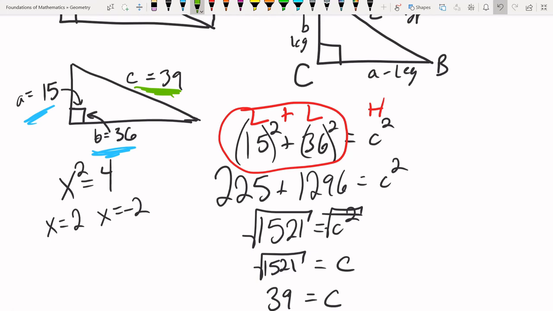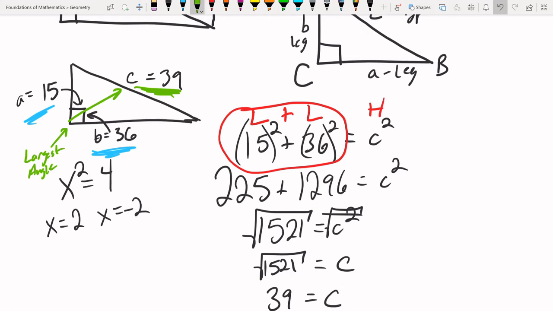So once again, the hypotenuse is the longest side. That's always going to be the case, because the two angles are acute and the angle opposite the hypotenuse is right, so this is always going to be the largest angle. The side opposite of the largest angle is always going to be the largest side. That's just properties of triangles.